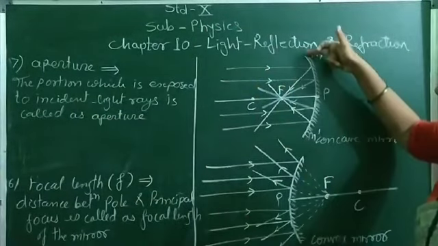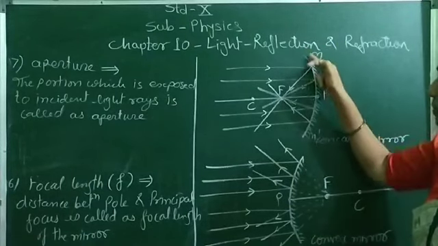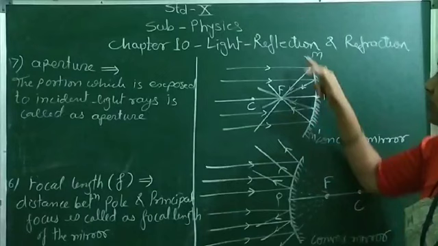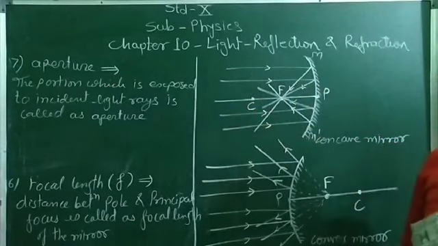So aperture means M dash here in case of a concave mirror, because this is the portion which is exposed to incident light rays. So that is called aperture.